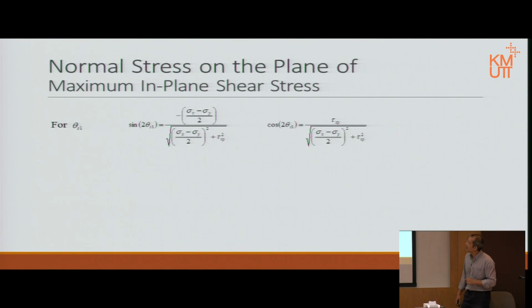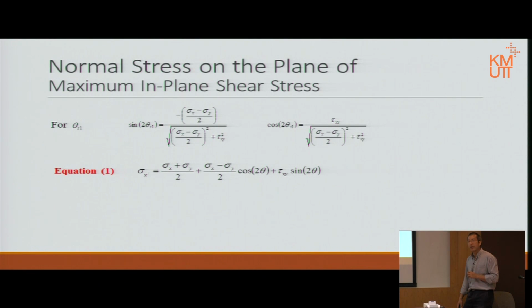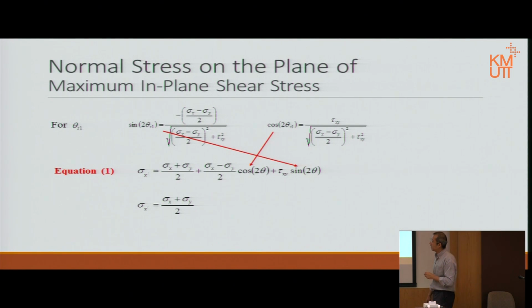And then we work out the normal stress on this plane. We use the angle theta s1, which means we remain with the sine and cosine of 2 theta s1. Substitute into equation 1 to find the normal stress, work it out, and there we are: we have sigma x plus sigma y over 2.